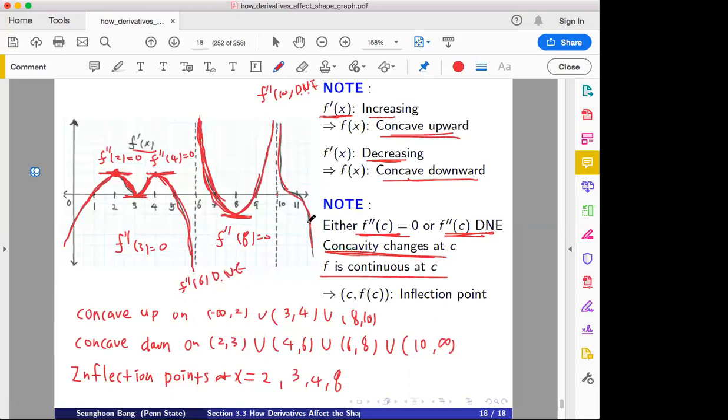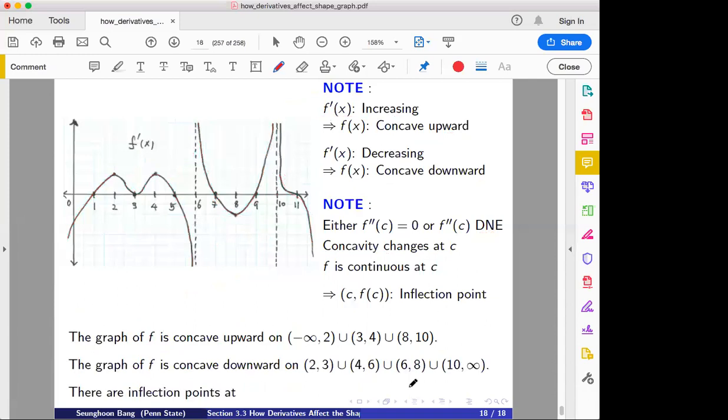At 10, is it an inflection point? Yes, inflection point. The graph is increasing on the left-hand side, concave up. The graph is decreasing on the right-hand side, concave down. Concavity changed from up to down. Yes, this is an inflection point at 10. This is the whole idea for solving this last problem.